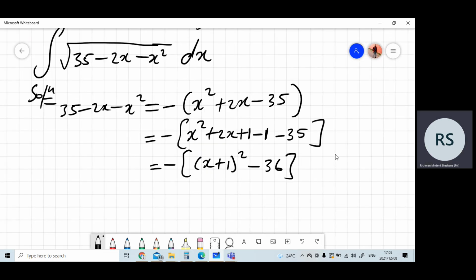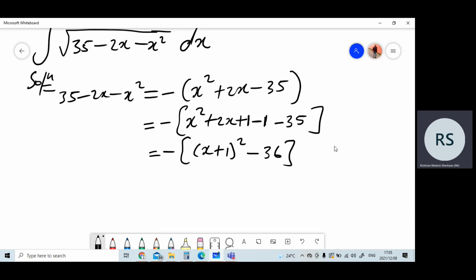After completing the square, you multiply by the common factor, which is negative, inside. So when I multiply by this, it will be positive 36 minus x plus 1 squared. You see, we completed the square.